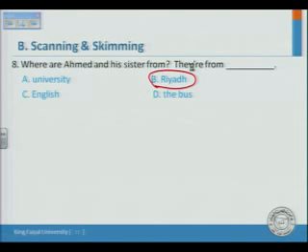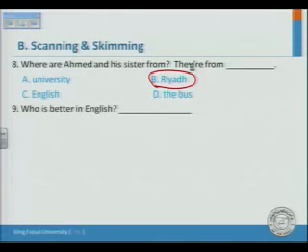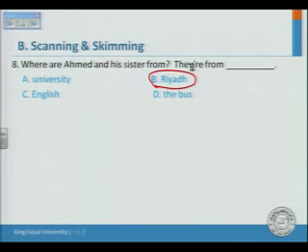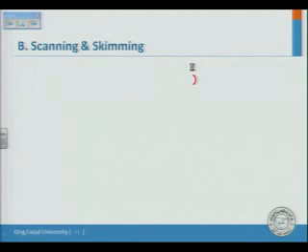Number 9. Who is better in English? Who? So when I use who, I ask about a person. Who is better in English? Ahmed's sister or English language? Ahmed or English? What do you think? Let's go back to find the answer because here we have scanning.